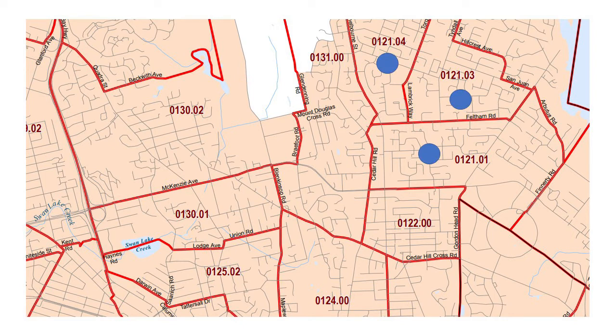Just as an aside, I wanted to call your attention to some of these census tracts that share the first 3 digits, but they have a different decimal point. So you have a census tract 121.01, 121.03, and 121.04. And presumably there's a 121.02, but it's not in this diagram.